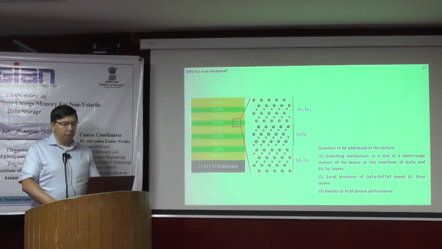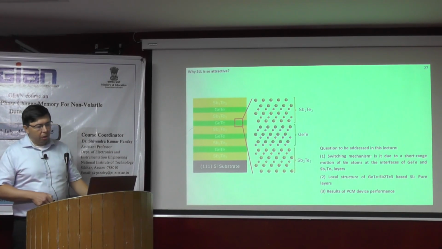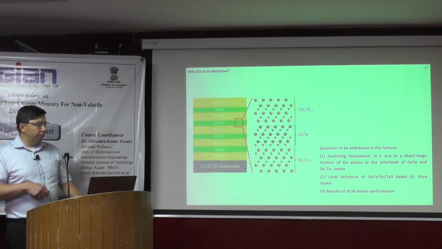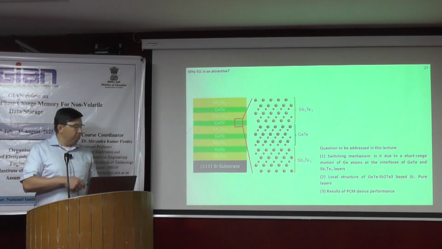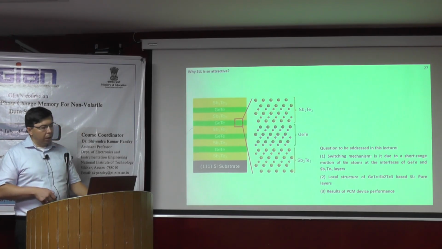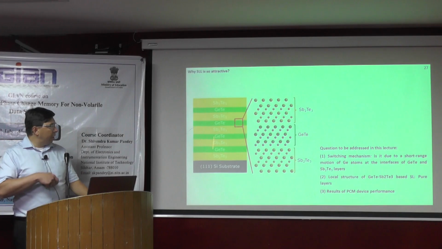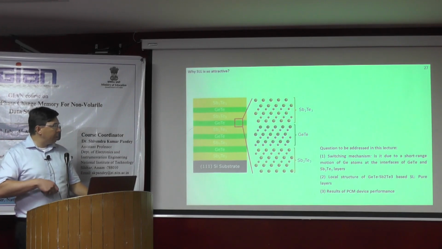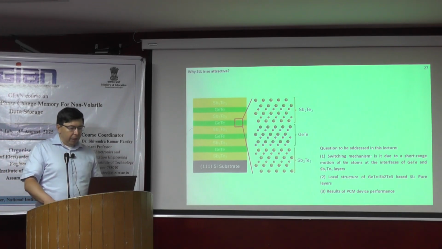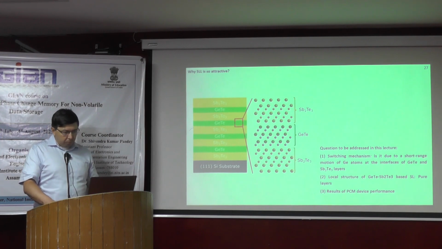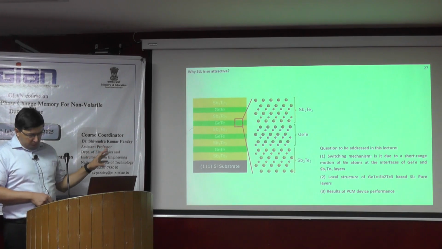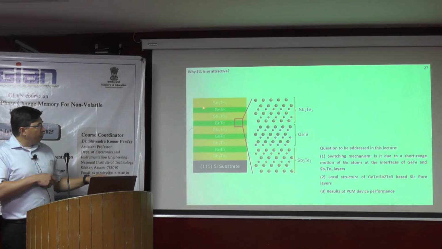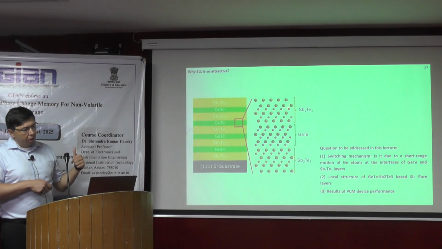So why are these heterostructures, particularly superlattices, very attractive? Because the first publication on superlattices, in 2011, combined germanium telluride and antimony telluride as highly crystalline layers. The idea was to combine two materials with different physical properties. Germanium telluride has higher thermal stability but low switching speed.